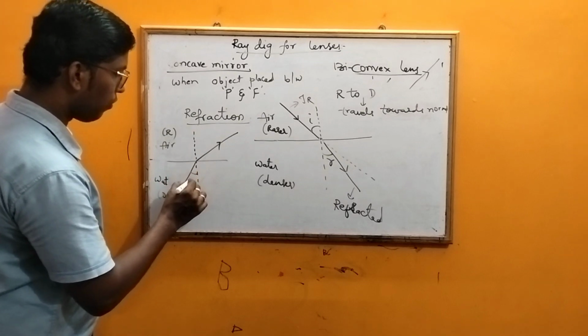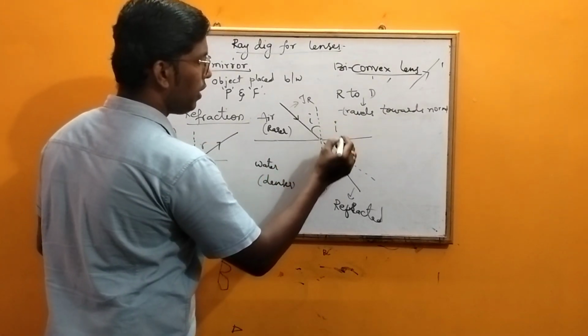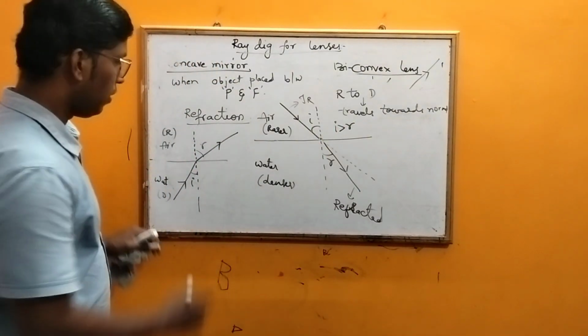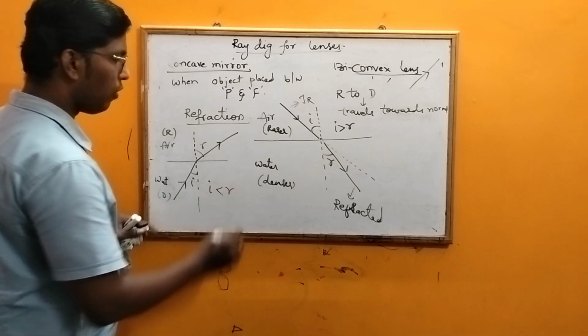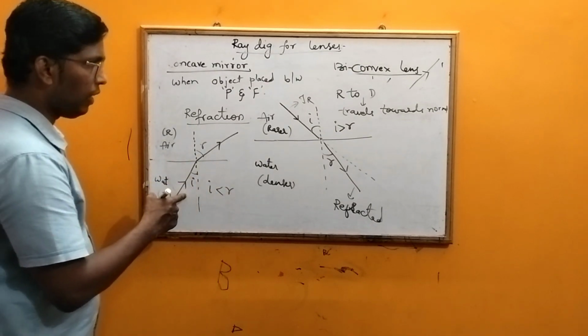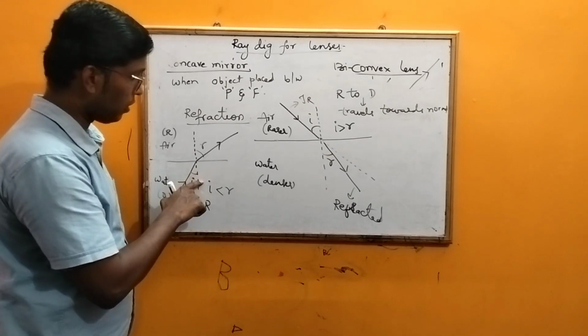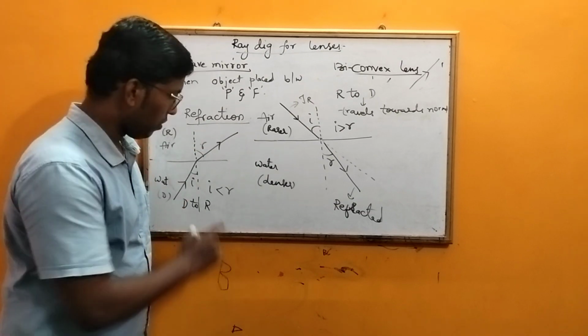Here this is angle of incidence and angle of refraction. Here angle of incidence is greater than angle of refraction. In this condition, angle of incidence is less than angle of refraction. So when light ray travels from denser to rarer medium, after refraction, it travels away from the normal line. This is the second case.